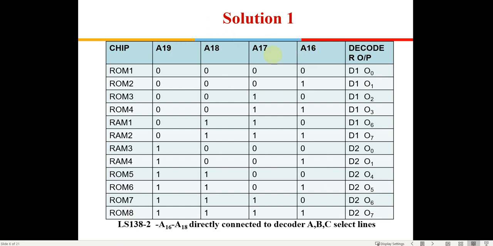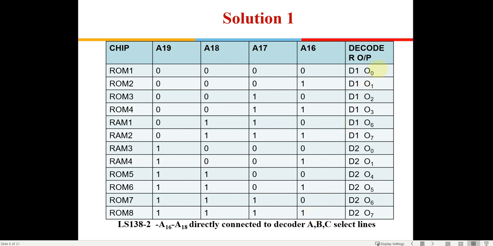Unique values means from A16 to A19. A0 to A15 is going to be common for all the chips here. So with 4 bits, you get 2 to the power of 4, 16 different combinations, whereas we require only 8 of them. So from the 16 you can pick any 8. It's not necessarily in a sequential order.